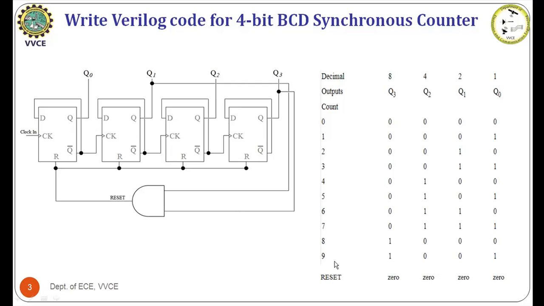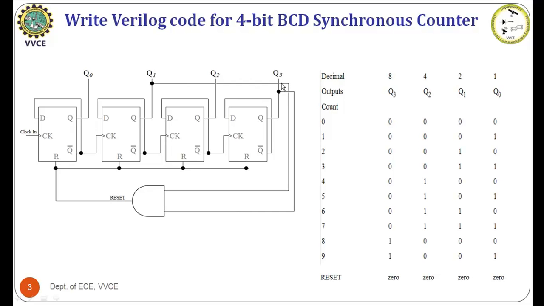That means for the 10th clock pulse, the output should be equal to 0000. So for that purpose, in this block diagram, along with the 4 D flip-flops, we are using one AND gate, wherein since for the 10th clock pulse 1010 is the count, at that particular count the counter has to reset.